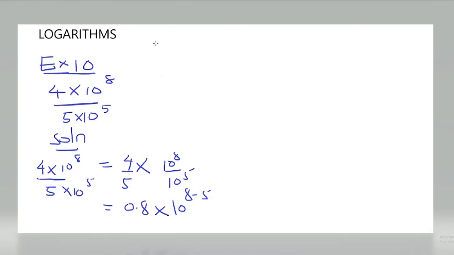In case you have forgotten, a power p divided by a power n is equal to a power p minus n. So this is 0.8 times 10 power 8 minus 5, which is 3. But we should write this in standard notation, so we move the decimal point of 8 to the other side.